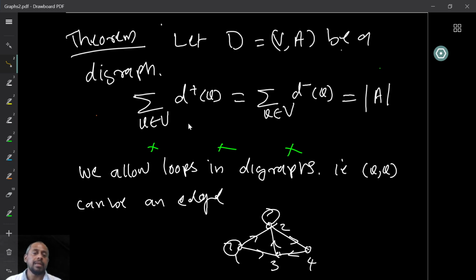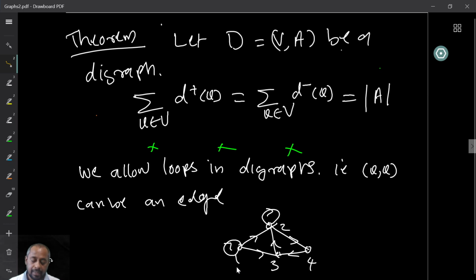Now, in digraphs, we often allow loops. So what are loops? Loops are basically arcs which start and end in the same vertex. For example, if the vertex 1 has a loop there, it means that the arc 1 to 1 is there.